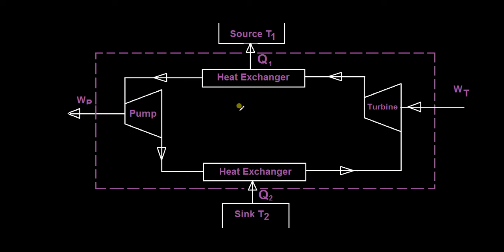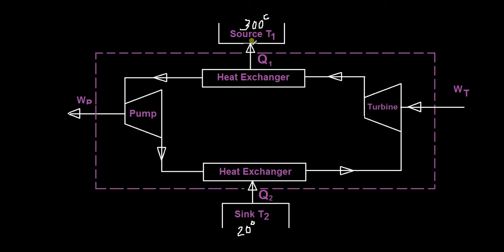So what is the significance of a reversed heat engine cycle? Now if you think of a source at say 300 degree C, this is a heat engine cycle I'm talking about, and a sink at say 20 degree. This is what usually happens in a heat engine, and a turbine work will be produced and a pump work will be consumed.